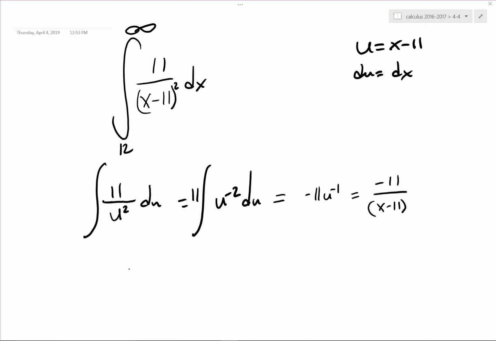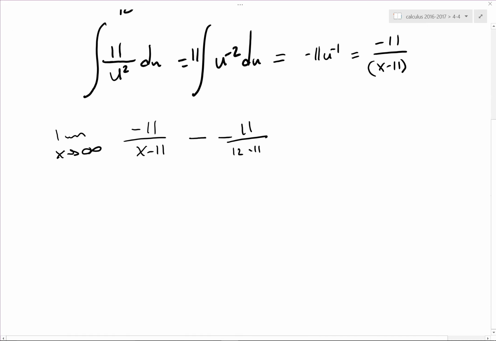So let's evaluate that thing, shall we? Take the limit as x approaches infinity of negative 11 over x minus 11, minus the value at 12, which is negative 11 over 1, so plus 11.